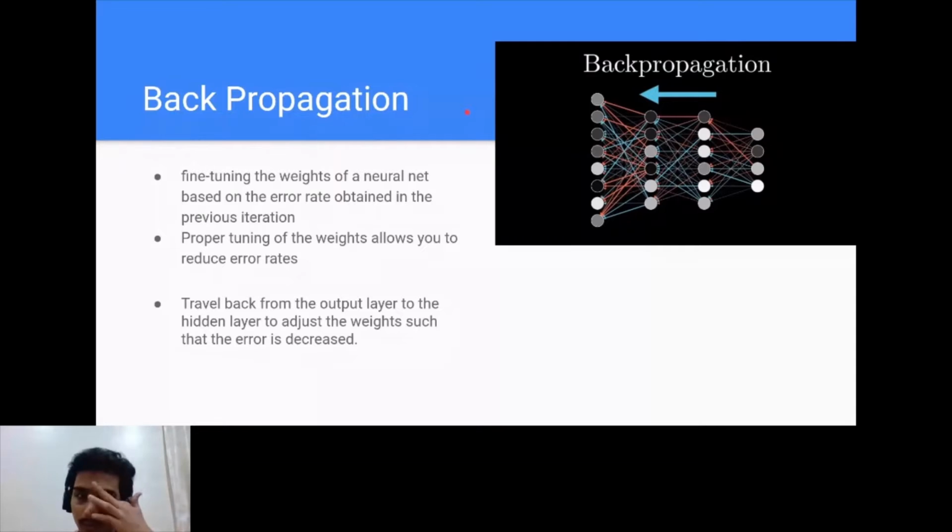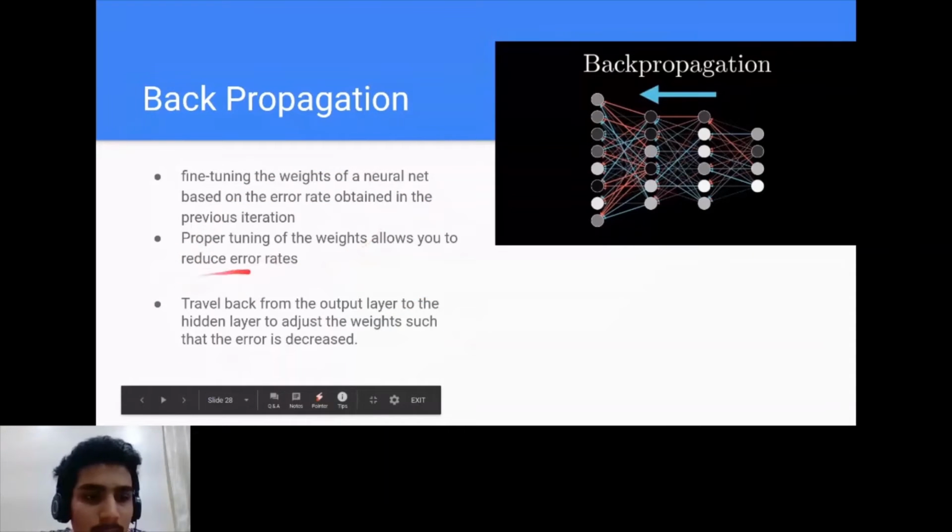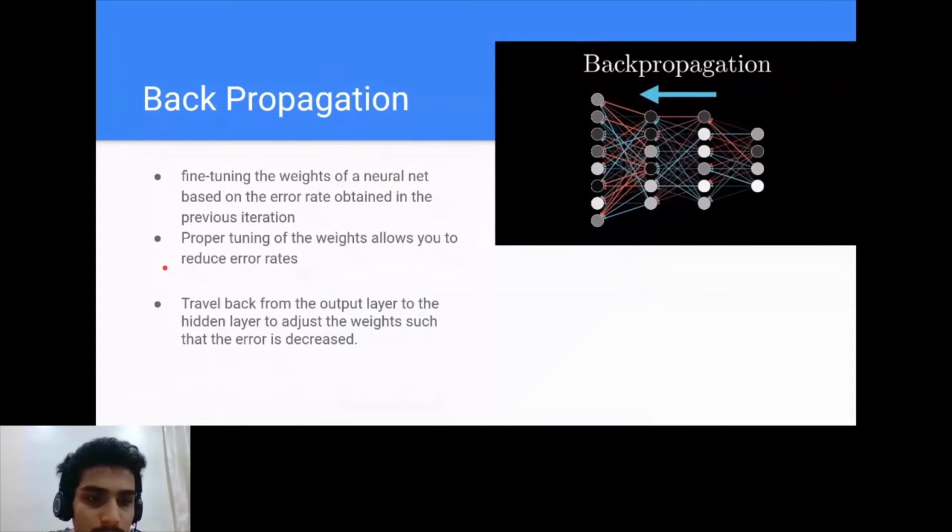We got some output that was way deviated from the real output, so we had some error. How do we solve this? Using backpropagation. Proper tuning of weights allows us to reduce the error rates. That's true, right? We initialized random weights, so we got some output that was wrong, obviously.